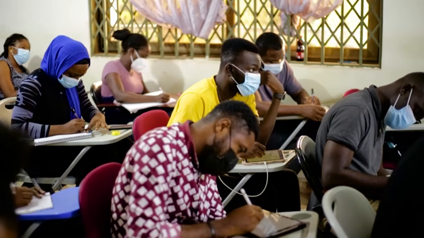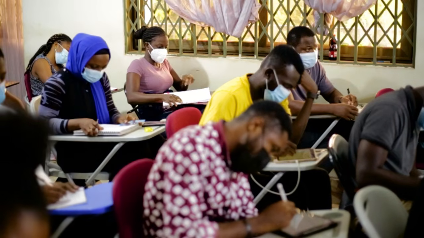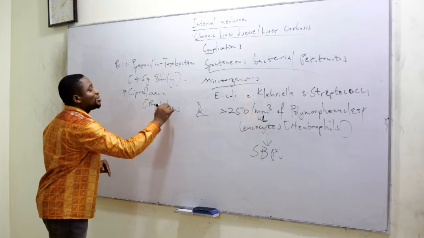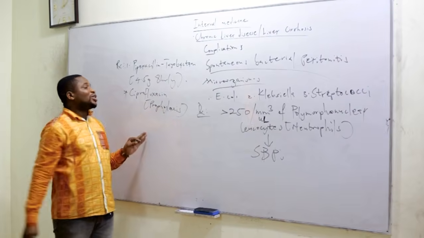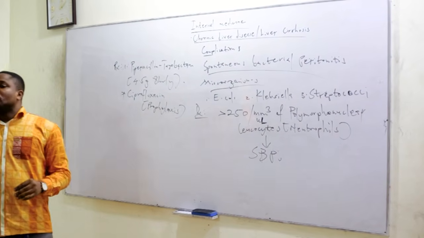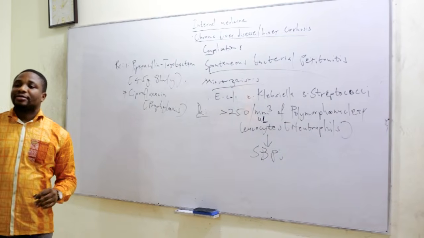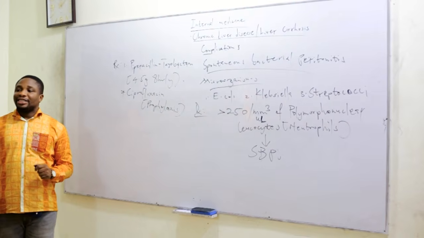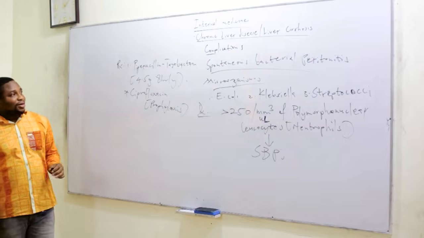As a prophylactic drug, we could use what? Ciprofloxacin. For what? Prophylaxis. That's if there is no spontaneous bacterial peritonitis yet and you want to guard against it, you could use ciprofloxacin. Is that clear? Yes. Okay, the next one.